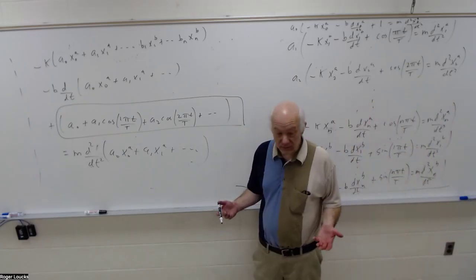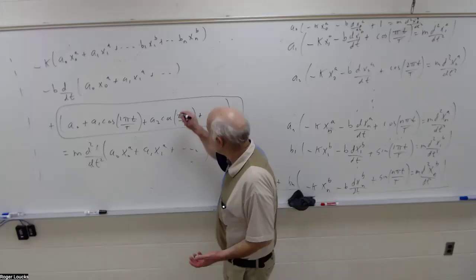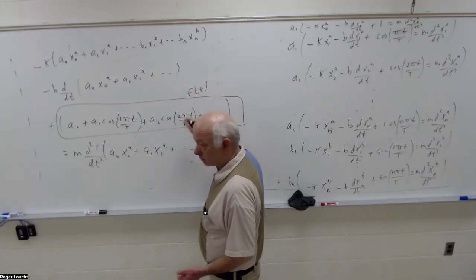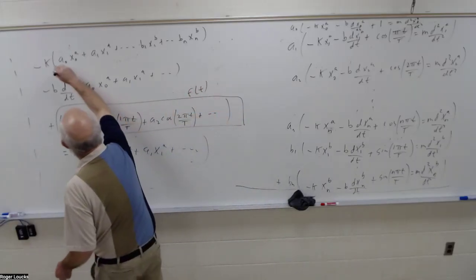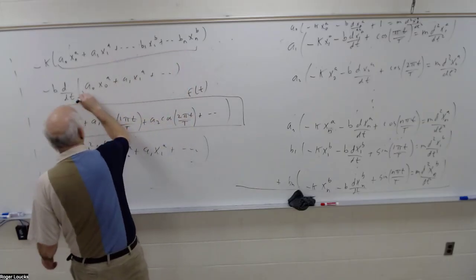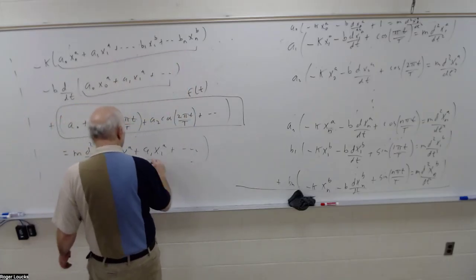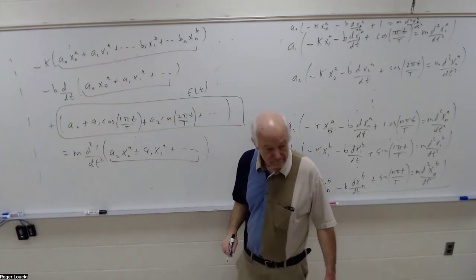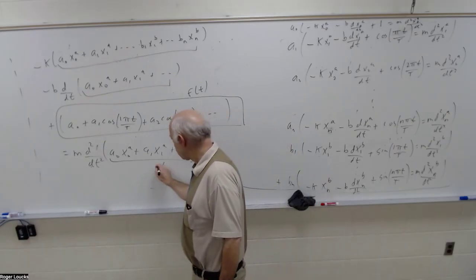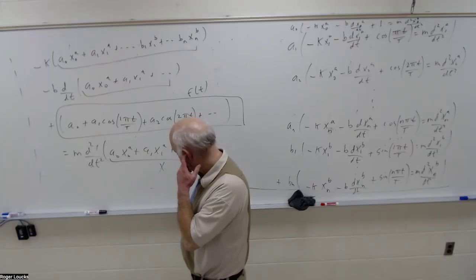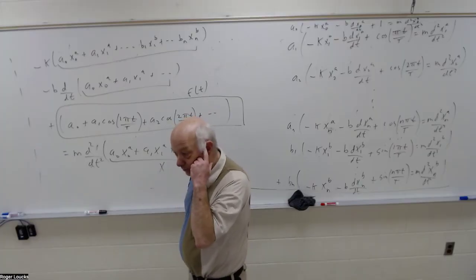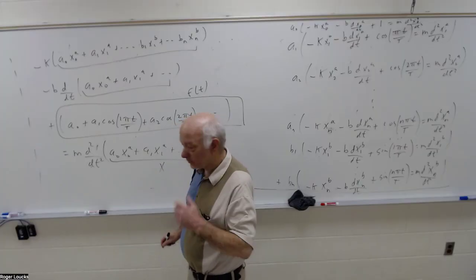This is going to be the Fourier expansion of that function here. This is really my f of t. And what do we have here? This function here is the same as this function here is the same as this function here. I'll just call this my x.